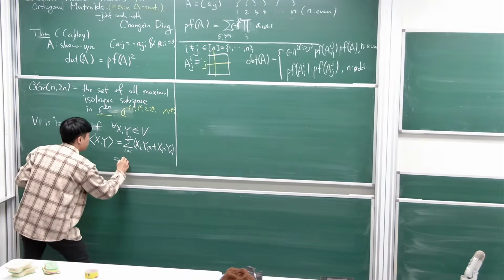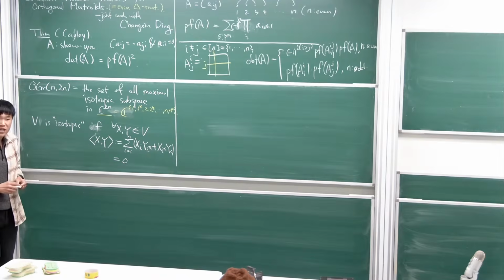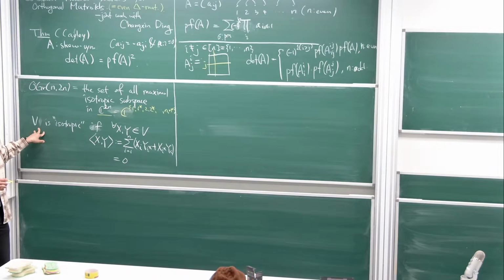When this vanishes for all choices of x and y, then we call our vector space isotropic.